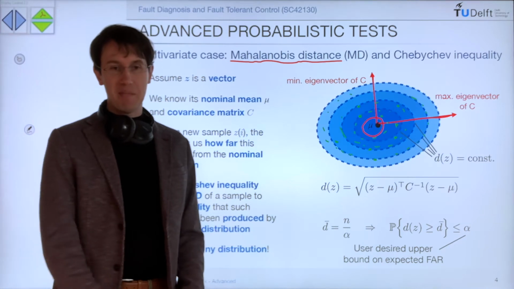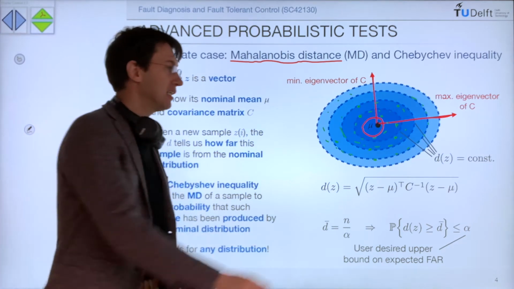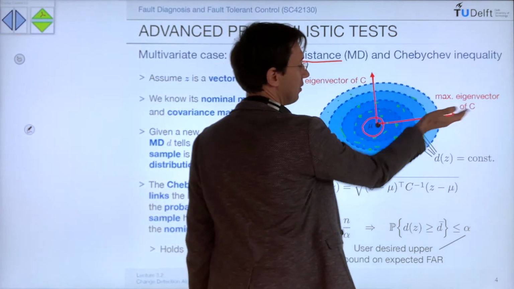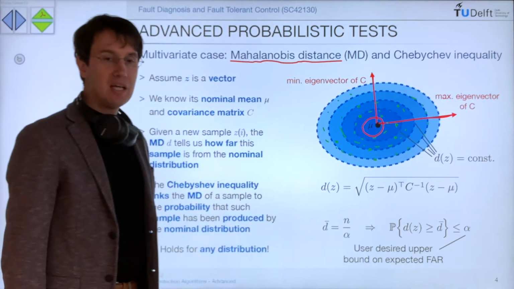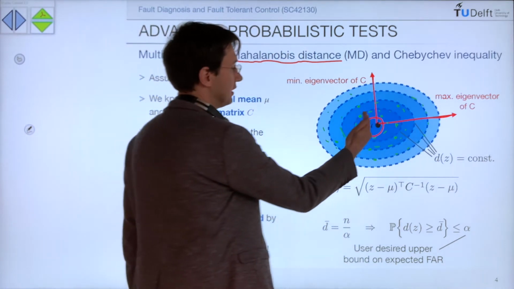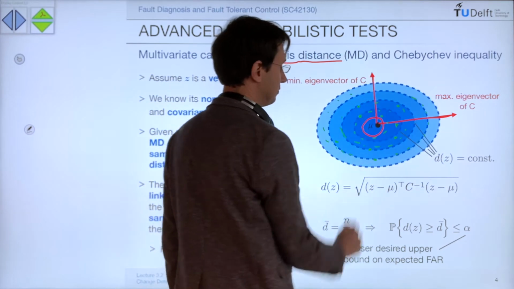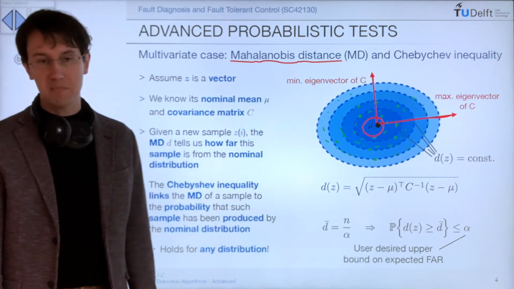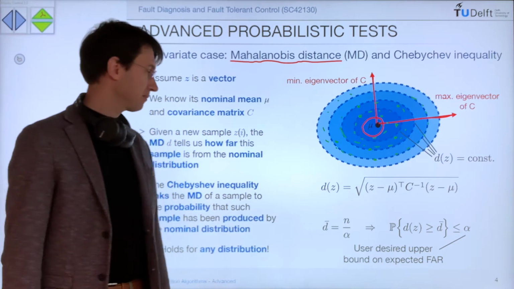And the major axis of the ellipse is the eigenvector with the biggest eigenvalue. And the minor axis of the ellipse is the other one. So this shouldn't be too much surprising.